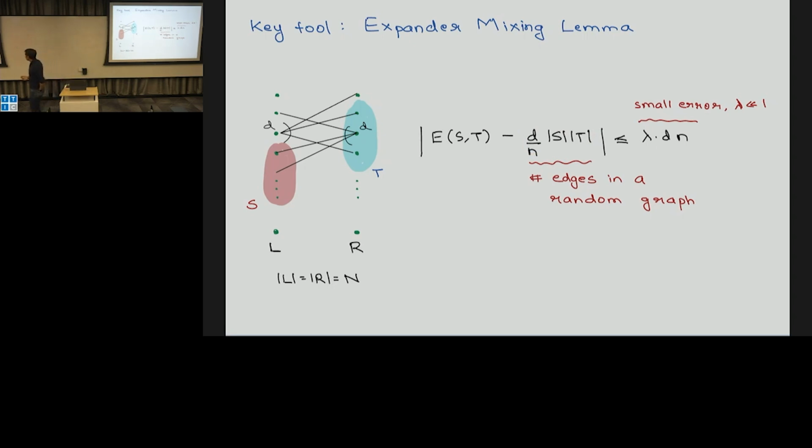And an expander gets pretty close to it for every S and T. For every set S and T, the number of edges is the same as a random graph up to a small error, at least when lambda is small.